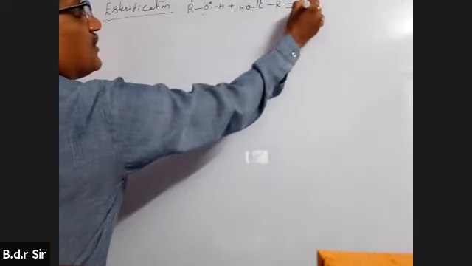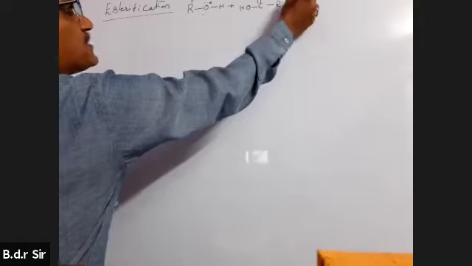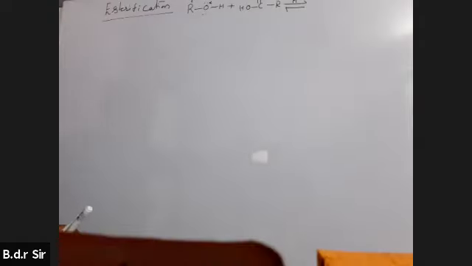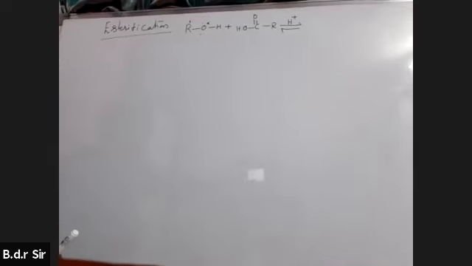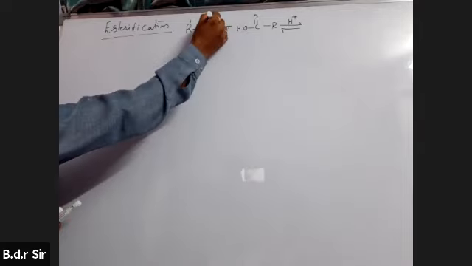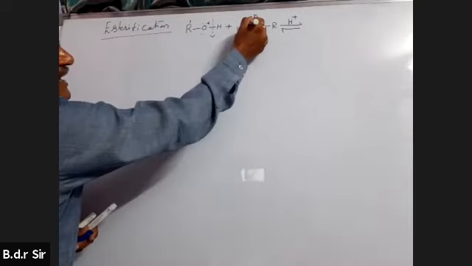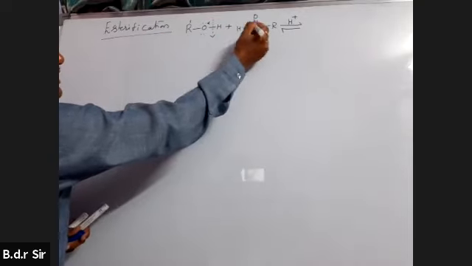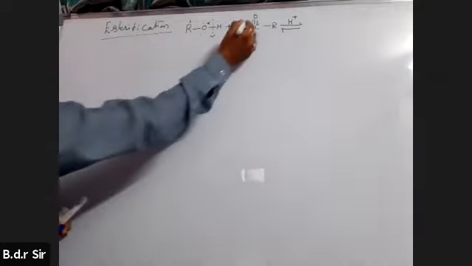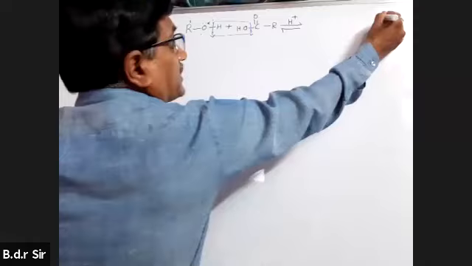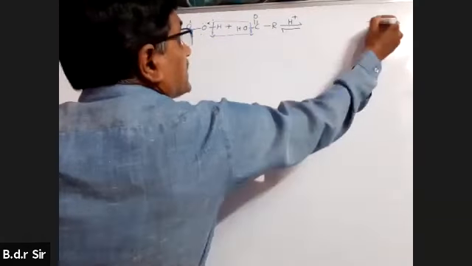In the presence of acid, that is H plus, what is the product? Here, breaking of OH bond. Here, breaking of CO bond gives rise to water. What is the remaining?